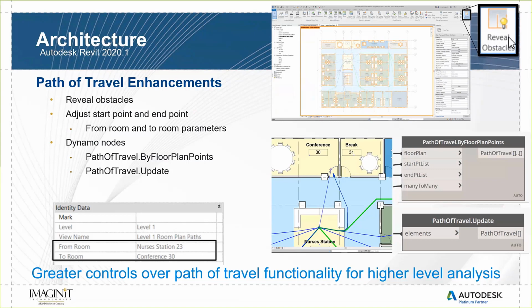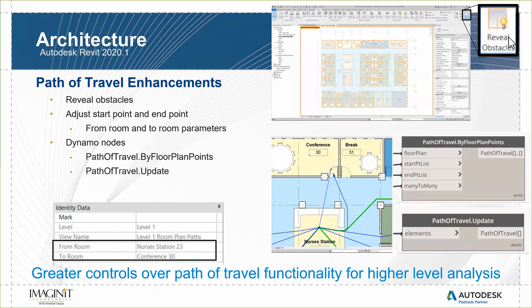They also gave us great tools to move around our path of travel. It was a tough thing to do in the first release, and now it's a lot easier. They've also given us from-room and to-room parameters for scheduling purposes, and opened up some features for the Dynamo software to help automate what we're doing.